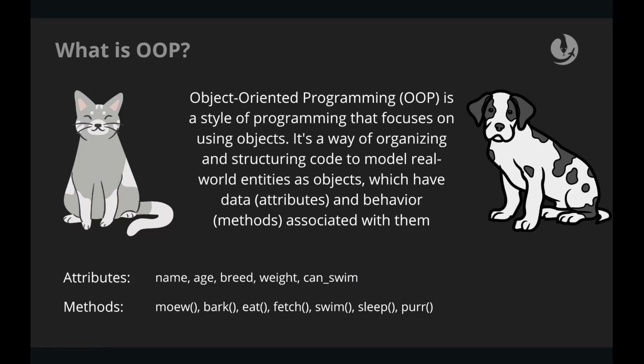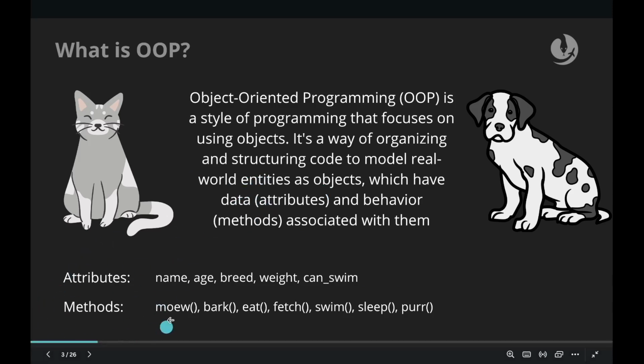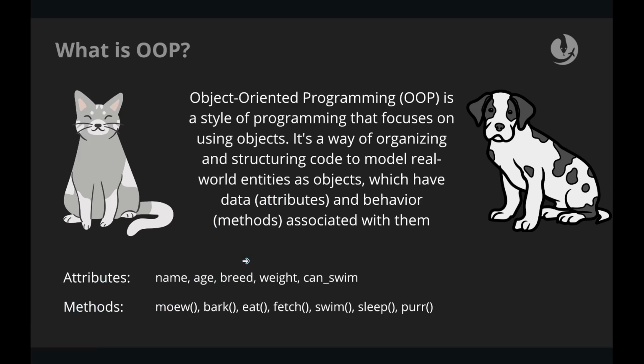Okay, so attributes describe the characteristics or properties of an object. So they are like variables that hold data specific to each instance of a given class, and they help to define the state of a particular object. And on the other hand, we have methods, and methods are functions that define the actions or behaviors that instances of a class can perform.